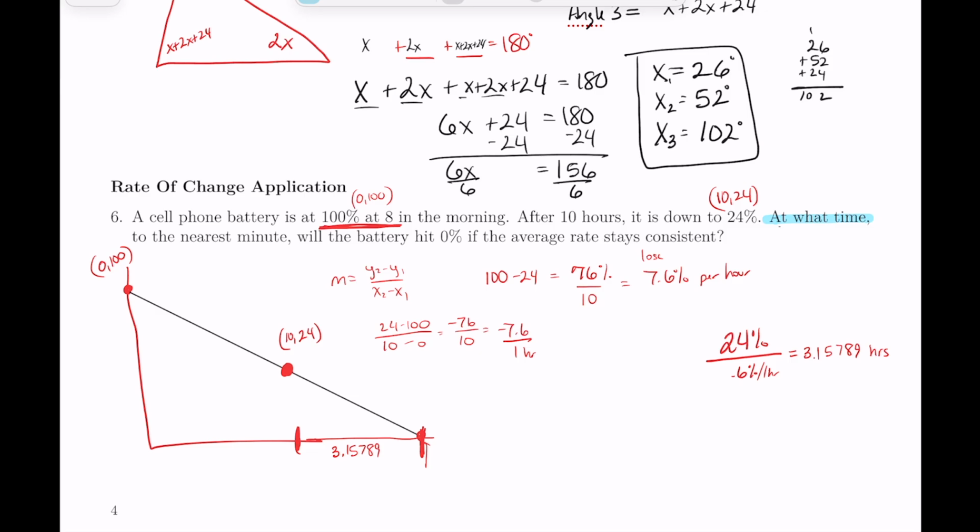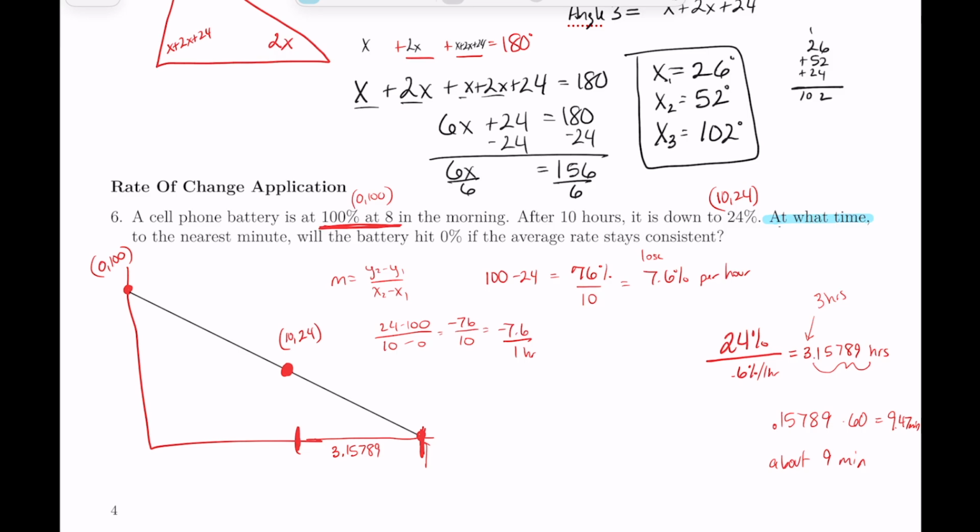Now, what I want to know is this 3 hours, that's easy. But I want to know how many minutes this is. So what I can do is take 0.15789 of an hour. And of means multiply, so I'll take that times 60 minutes in an hour. When I do that, I get about 9.47 minutes, or about 9 minutes.